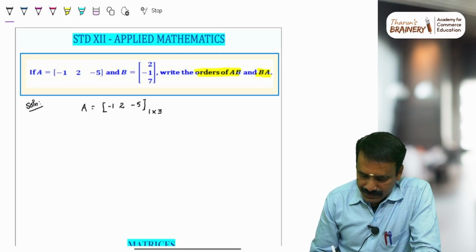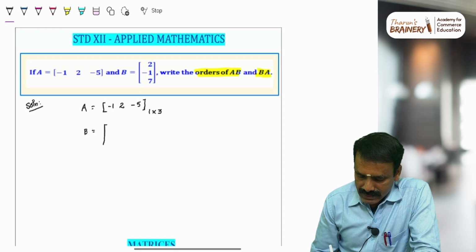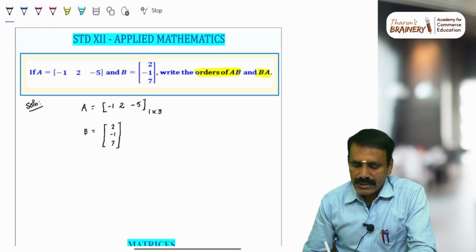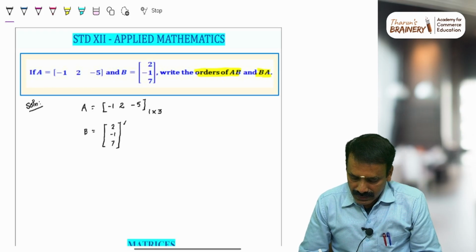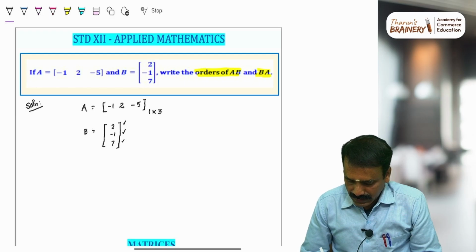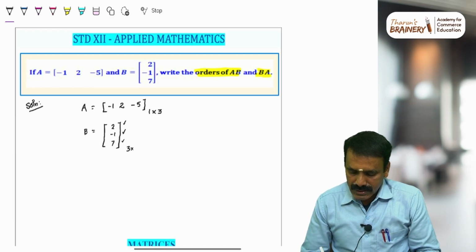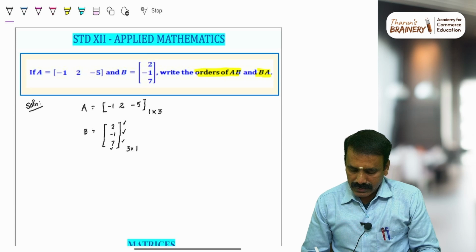What about matrix B? B matrix is 2, minus 1, 7. What is the order of this matrix B? How many rows is it going to have? This is going to have 3 rows. 1, 2, 3. 3 rows. And how many columns is it going to have? Only one column. So 1.